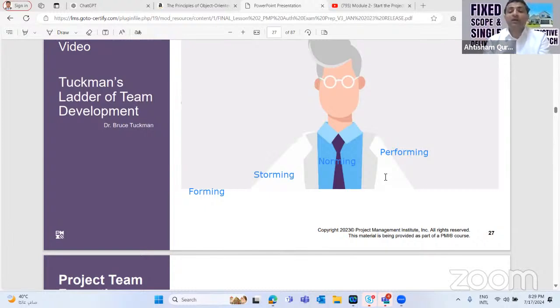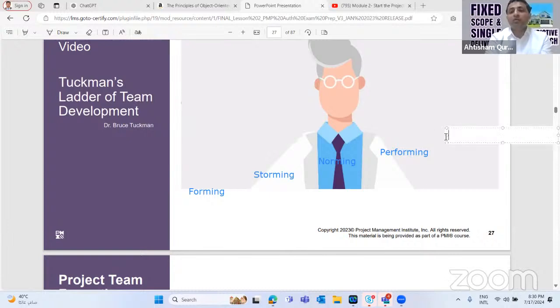And here, if someone is sick, let's say not able to perform his job, the other person will hold his hand and help them. It is really rare to see a performing team, but it is very lucky to be part of a performing team where you will see everyone is really helping and complementing each other.